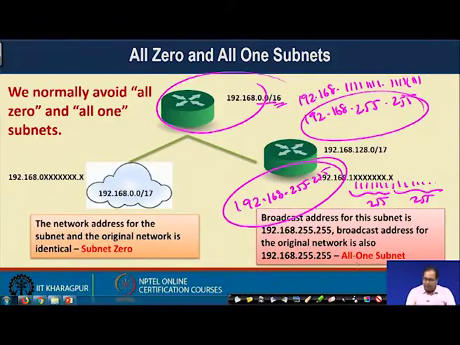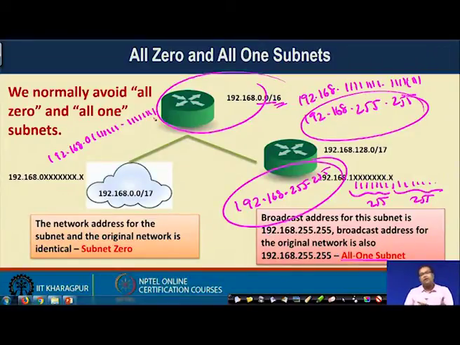So, that is the problem of the all 1 subnet. If you find out the broadcast IP for the all 0 subnet, that will be different: 192.168.0, then all ones dot all ones.